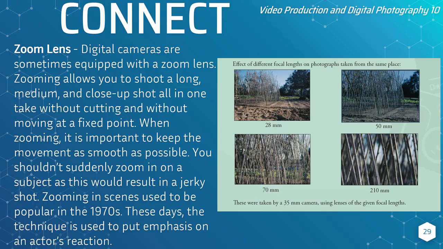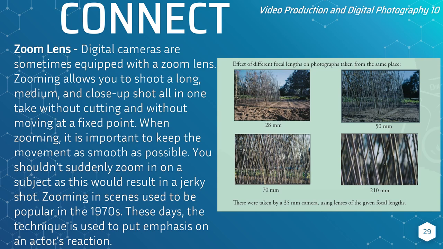So pagka halimbawa gumagamit ka ng zoom lens, okay. So may iba't ibang zoom lens, okay. Makikita nyo nga sa ating picture illustration dyan, meron tayong 28mm, 50mm, 70mm, and 210mm zoom lenses. Okay. So, itong mga zoom lenses na ito ay pwede siya sa pagkuha ng mga close-up shot.